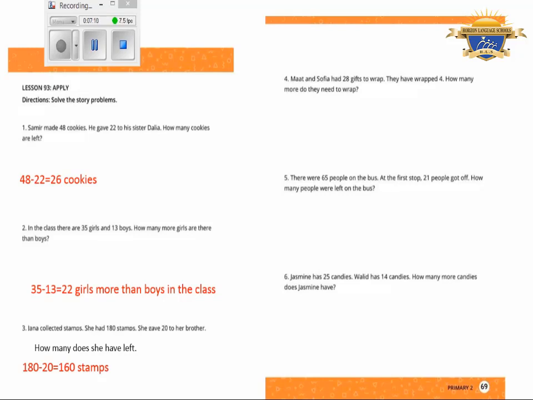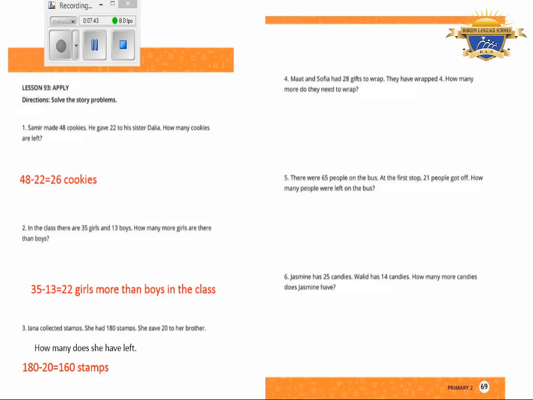Excellent. More. It gives me a clue that I should make a subtraction problem. This is a comparison here. We compared between two numbers, 28 and 4. So this is a subtraction problem. So they had 28 gifts to wrap and they wrapped 4 of them.